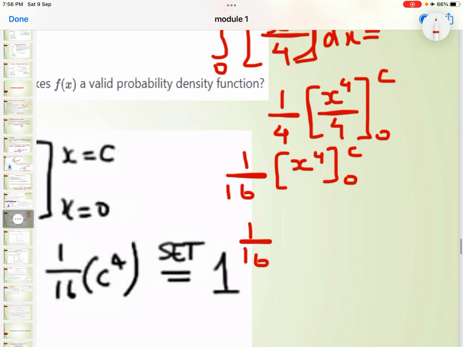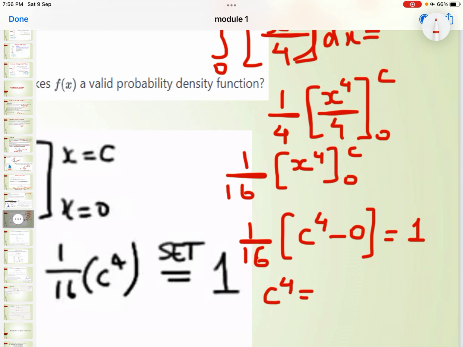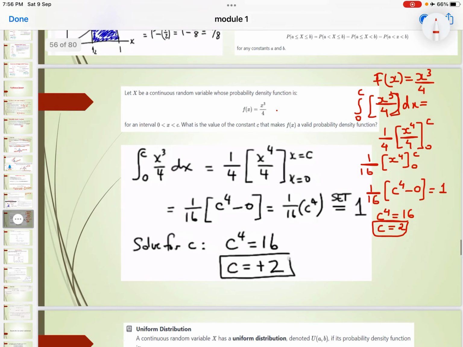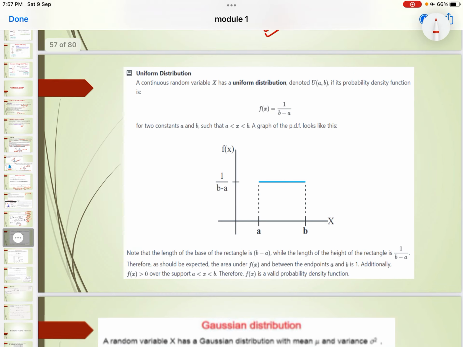Upper limit is c, so 1 by 16, c raised to 4 minus 0, which is equal to 1, because 1 is the maximum probability. So c raised to 4 is equal to 16. So your c is equal to 2 because 2 raised to 4 is 16. So c is what? C is 2.